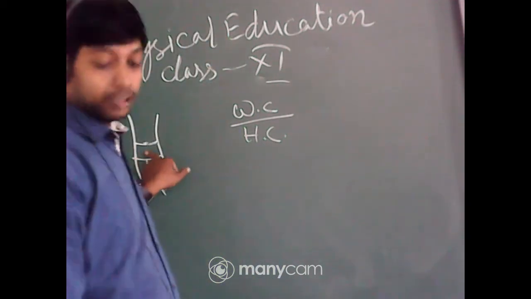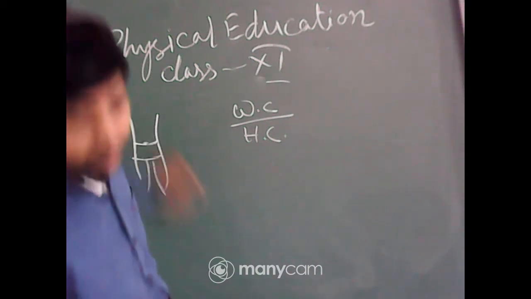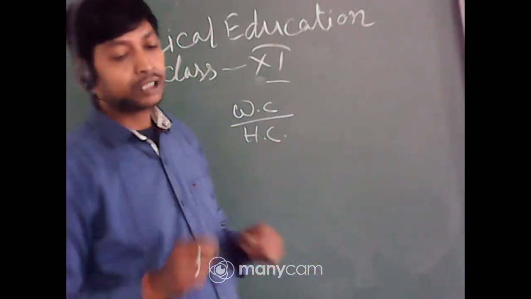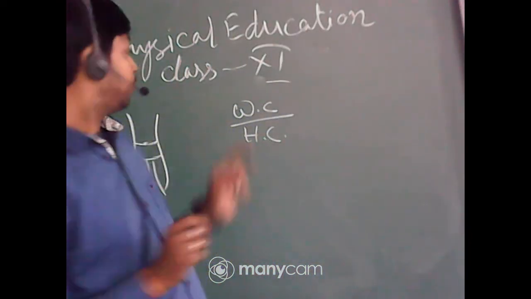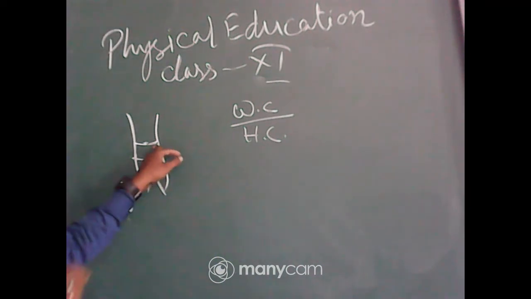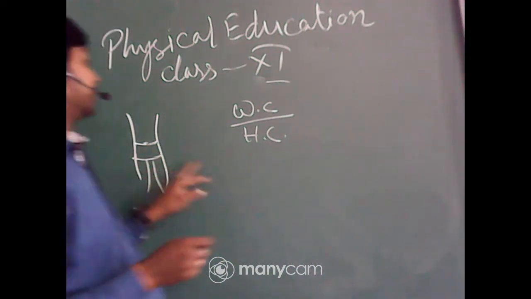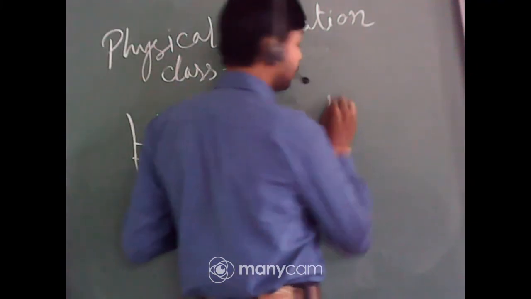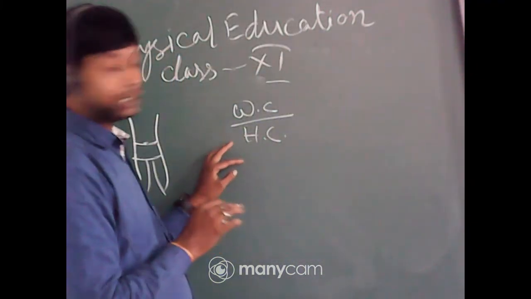That measurement will be taken with a measurement tape. With the measurement tape, first you measure the waist circumference, then you measure the hip circumference. The measurement will be in centimeters.